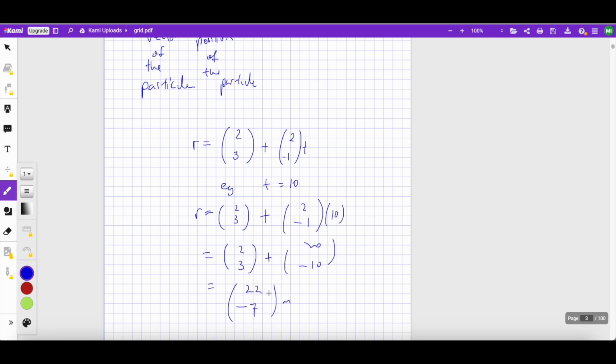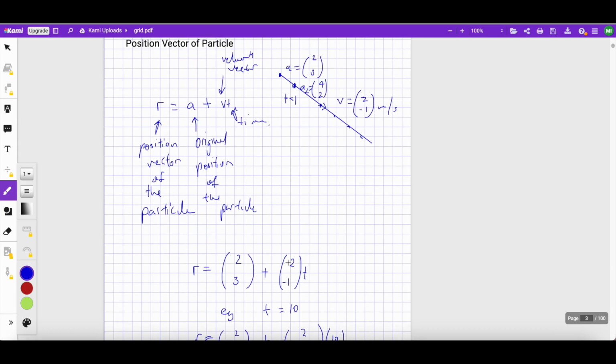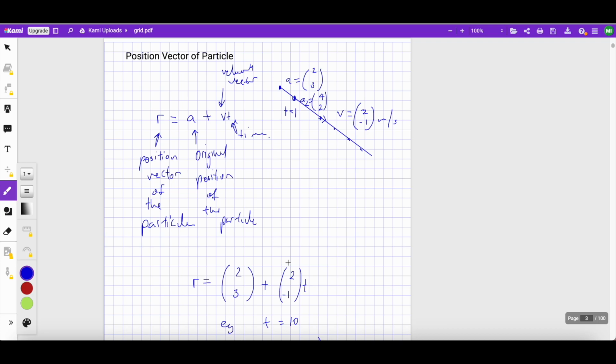This will be the position of my particle when time is 10, so 22 units to the right and minus 7 units down. I hope this explanation is clear on how you find the position vector of a particle. In the next part of the video, we are going to go through an example question from your exams.